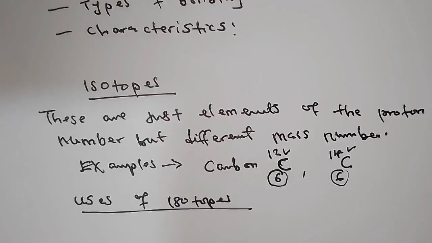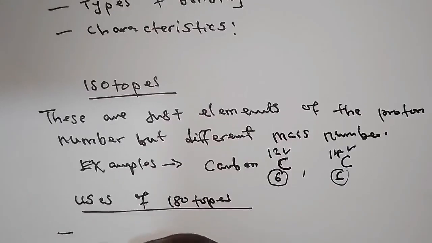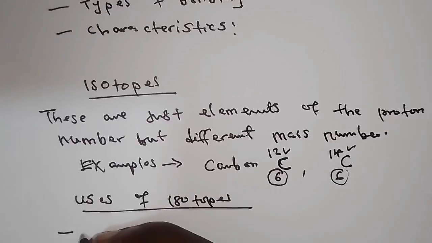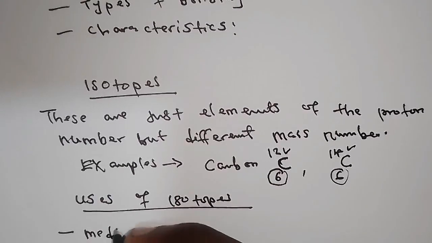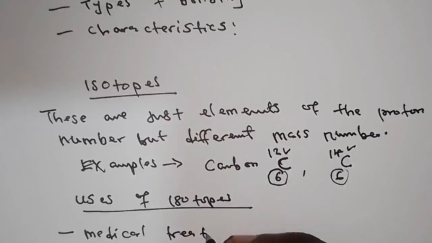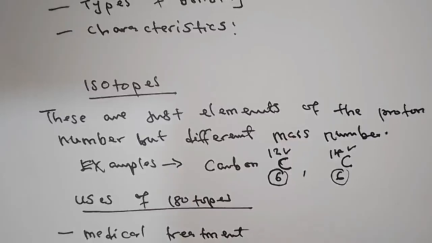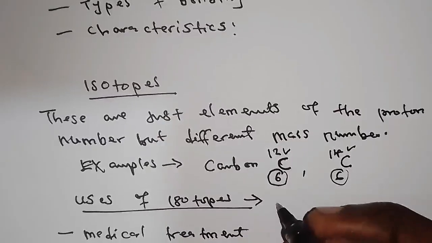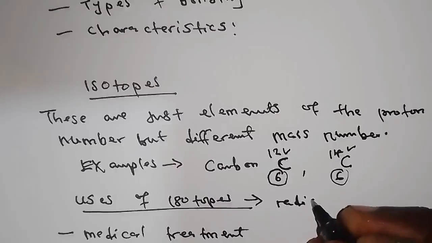So uses of isotope, number one, they are used in medical treatment. Now remember that some of these isotopes are radioactive.